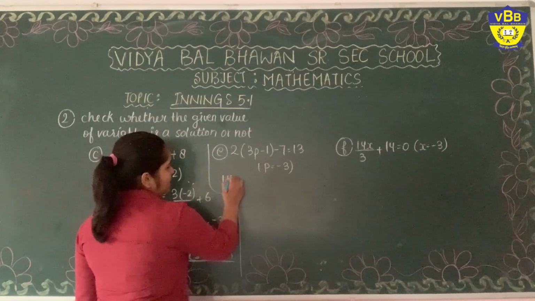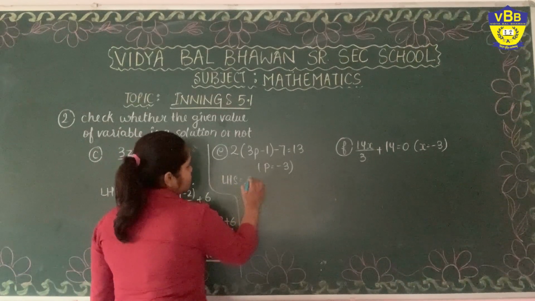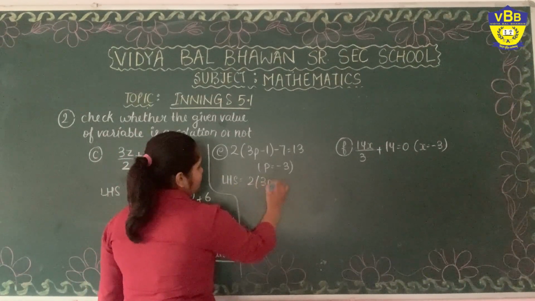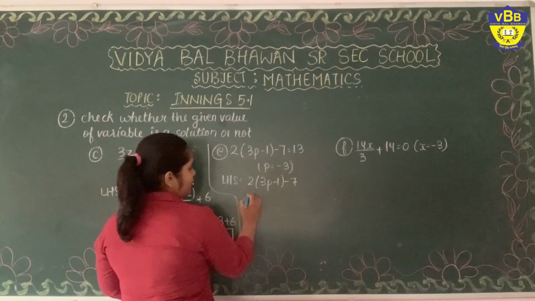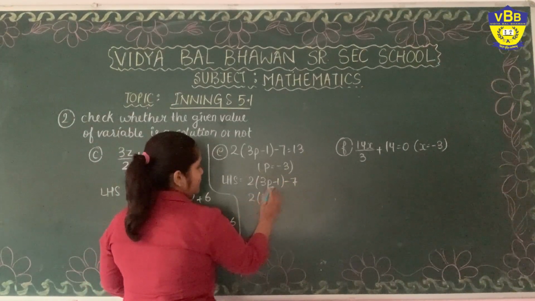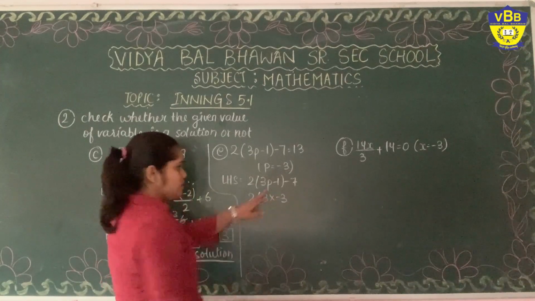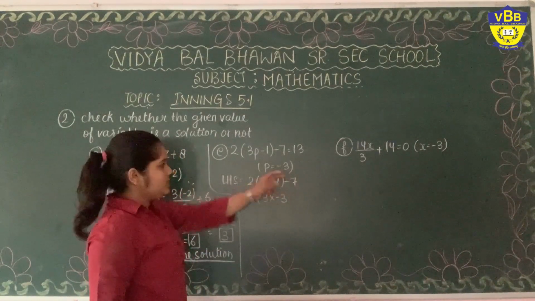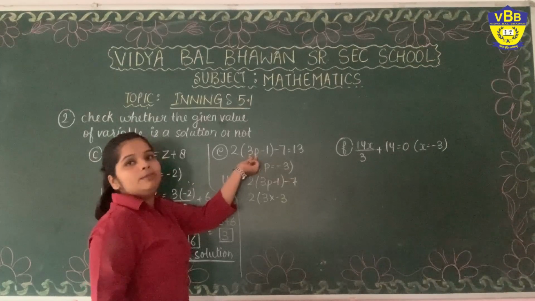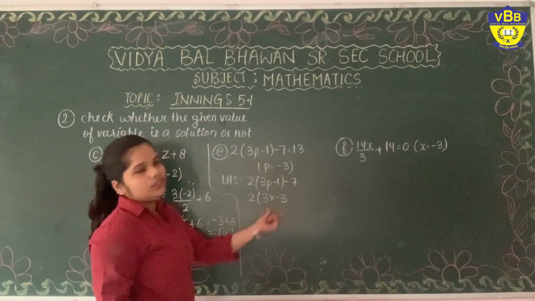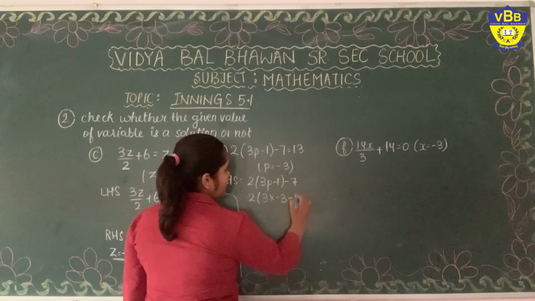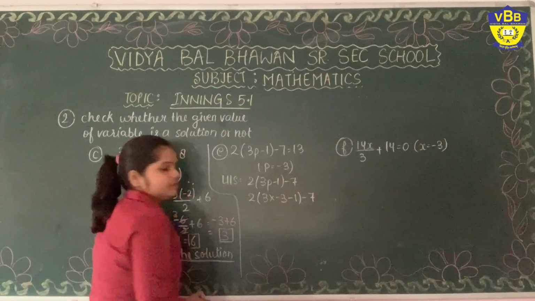We are having LHS, that is 2 inside the bracket 3p minus 1, minus 7. Solve it. Put the value. 2 inside the bracket 3 multiplied by minus 3, because p is equal to minus 3. 3p means 3 multiplied by p, and value of p is minus 3. So that is 3 multiplied by minus 3 minus 1 and minus 7.